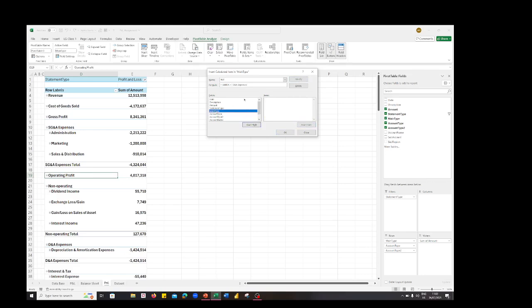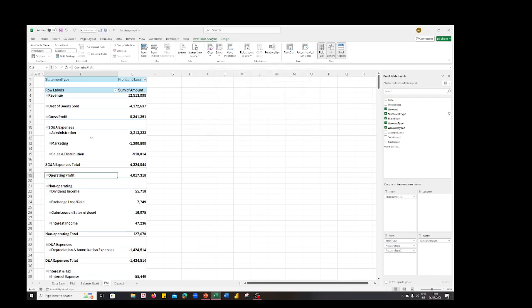So the last one is net profit. And our net profit is profit before interest and tax plus the interest and tax. So all of them have been calculated now.